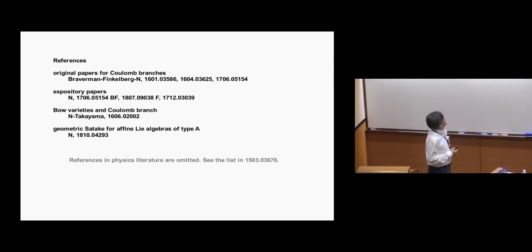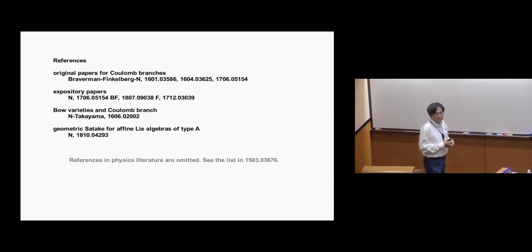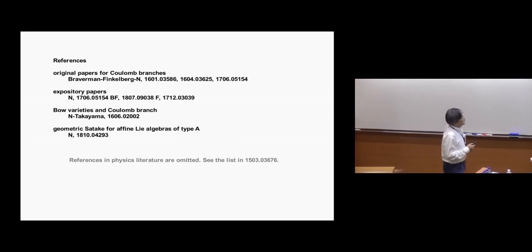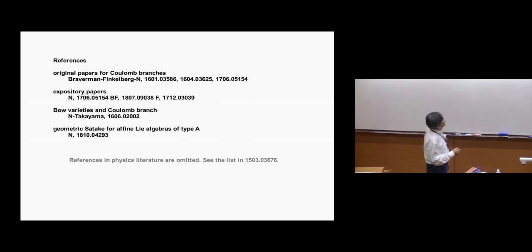were originally studied by physicists in the context of quantum field theory of gauge theories. And there is vast literature in physics, but during these lectures, I will not mention any result in physics. So if you are interested in such background, then please look at this paper.